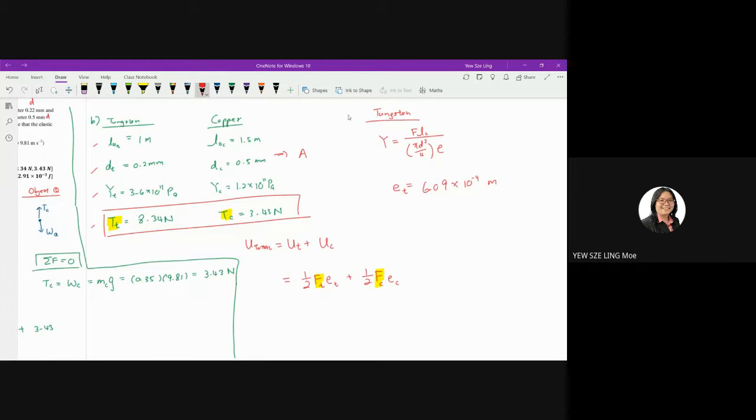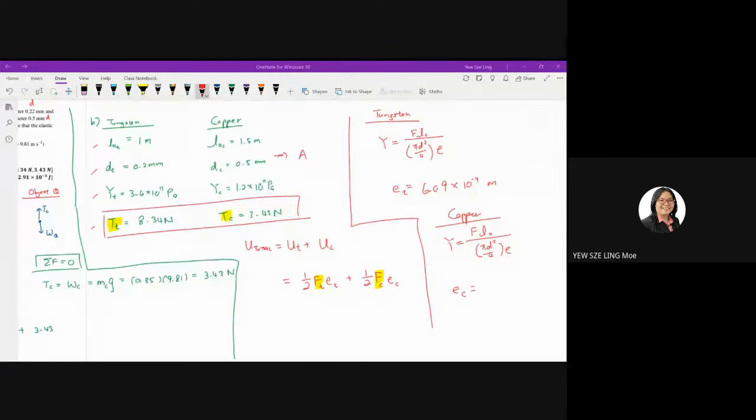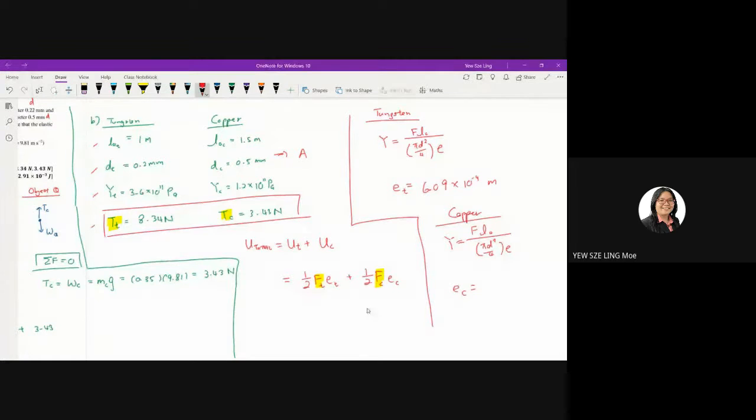And then for the copper wire, again, we are going to apply the same equation because you are given the same information. So F L naught over pi d squared over 4 times E. If you calculate it correctly, you will obtain 2.18 times 10 to the power of negative 4 meter.